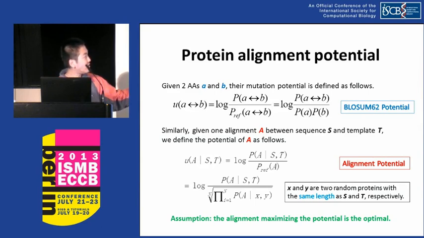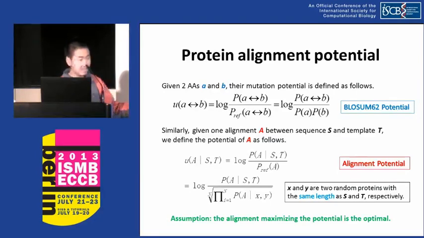So similarly, given one alignment A between sequence S and T, we define the potential of A in a similar manner: on the numerator is the observed alignment probability, and on the denominator is the random guess or the expected.